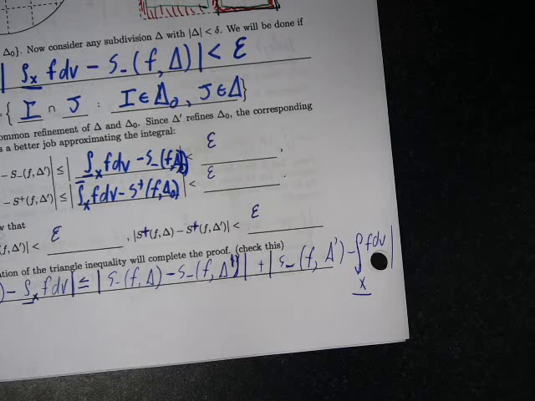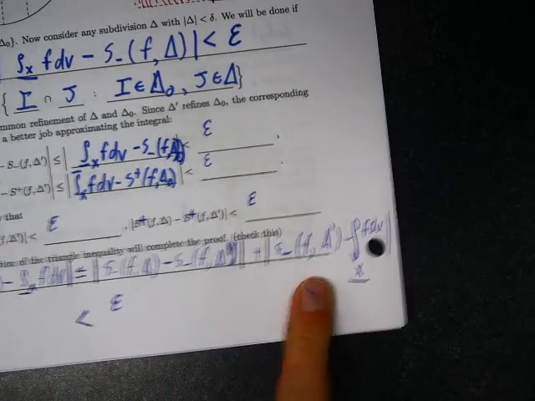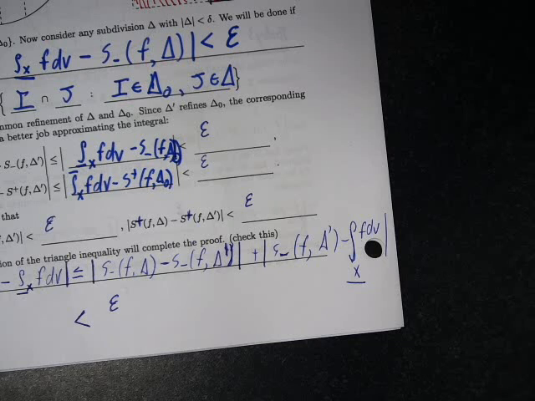What upper bound do I have on that difference right now? Assuming that I can prove the thing that I said. Less than that blue epsilon. How big is the difference between S minus of f over delta prime and the integral? There. Okay, cool.